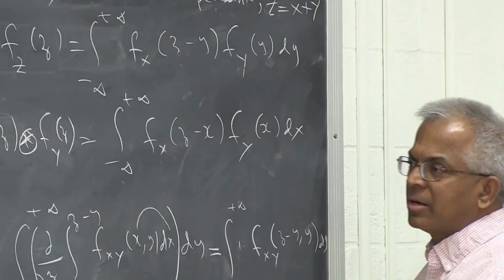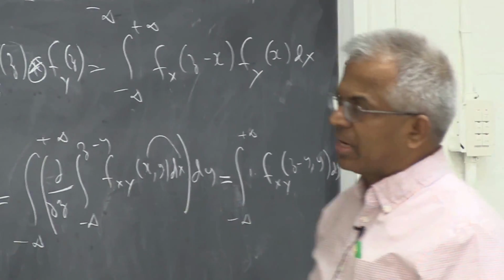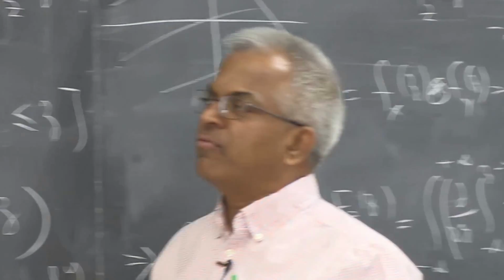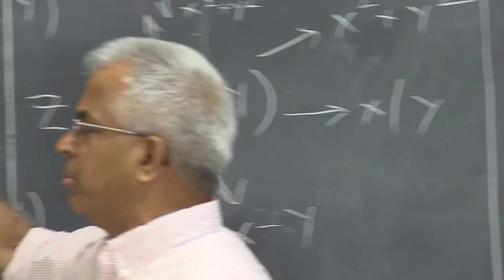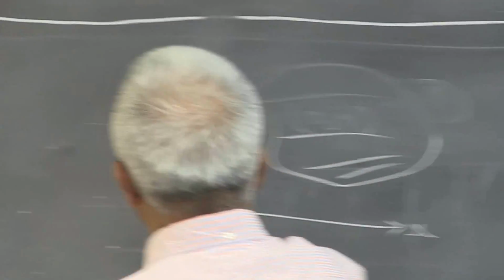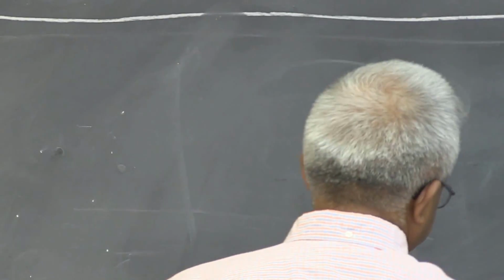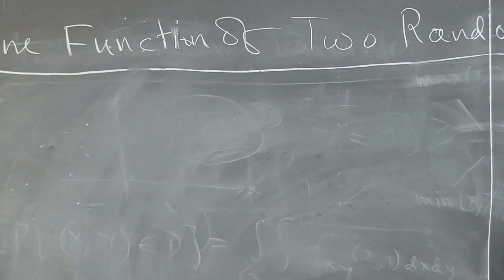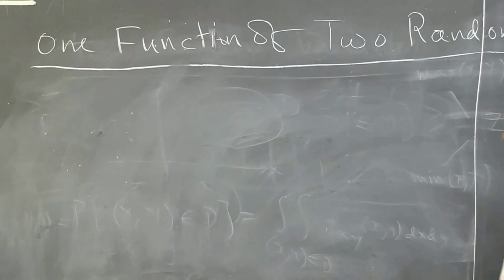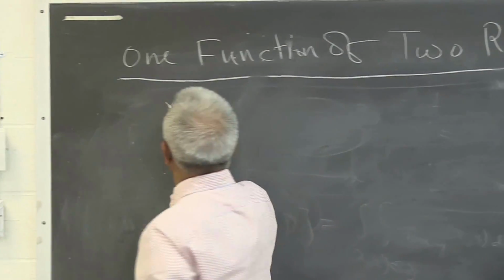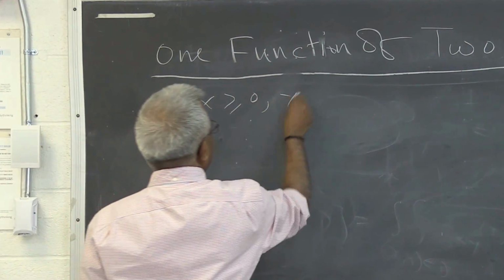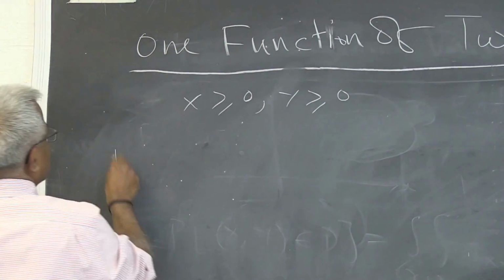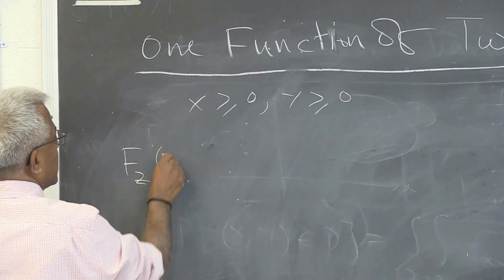So there are a couple of special cases to this. Just to see about the limits, what if the random variables are non-negative? Say x is non-negative, y is non-negative.